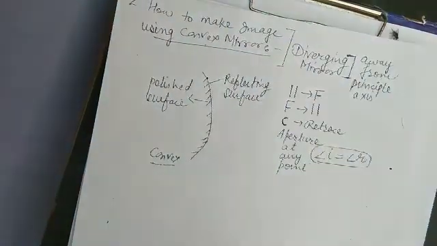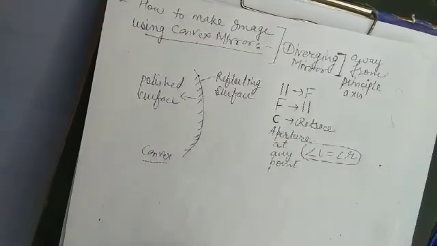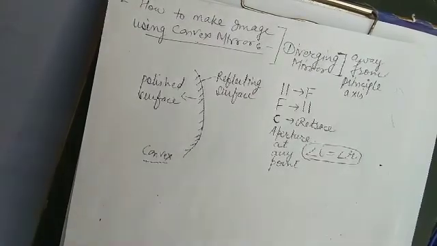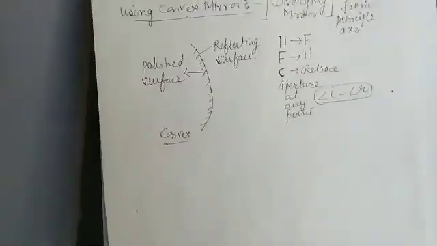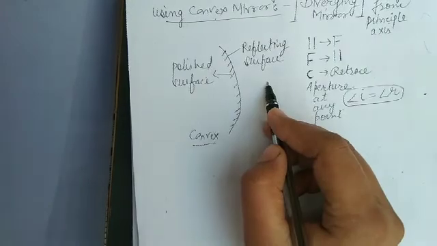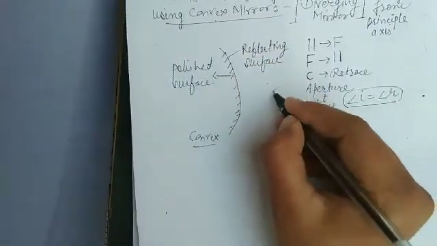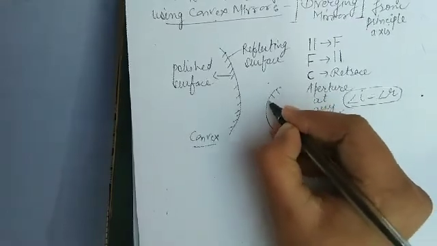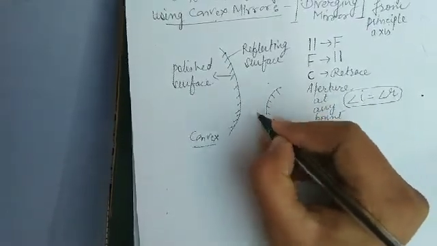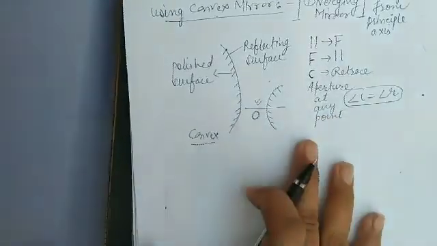Okay, so as we know, for image formation to take place, we have to keep our object towards the reflecting surface. Reflecting surface means towards this side. So I am turning my mirror. Instead of drawing it in this way, I will draw it in this manner so that my object is kept towards the reflecting surface.